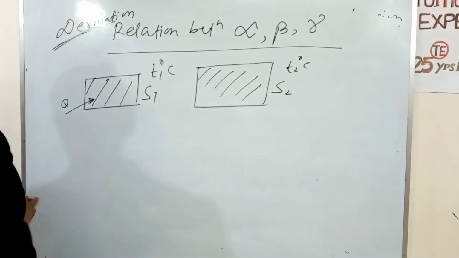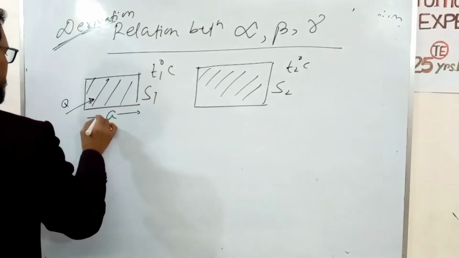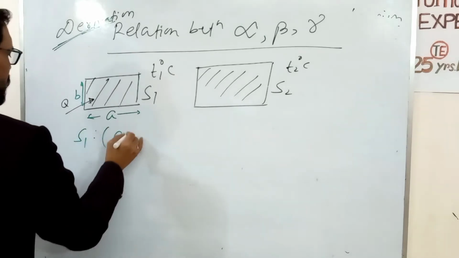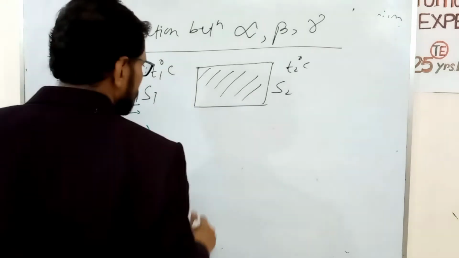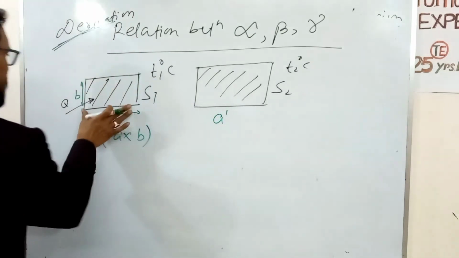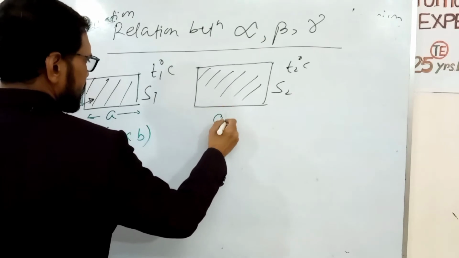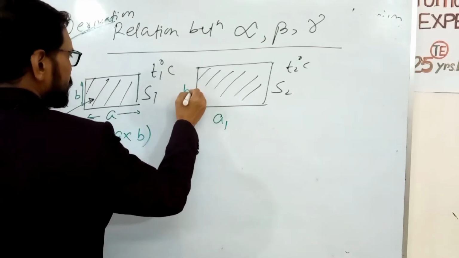Now the initial length of this plate is A and breadth is B. So take the surface area S1 of dimension A cross B. Now this length will be increased at T2 degree centigrade. So this length is increased to A1 and breadth is increased to B1.